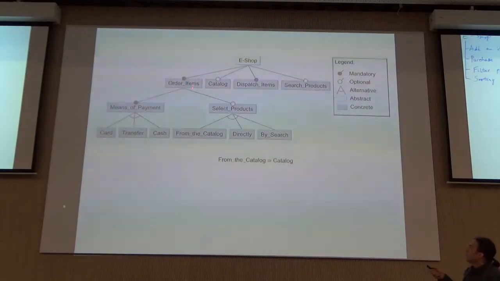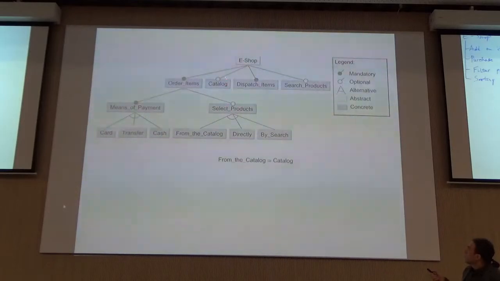But look at this, order items, which covers the ordering process. So I divided this purchase process into ordering and dispatching. Ordering includes the means of payment and the possibility to select products.